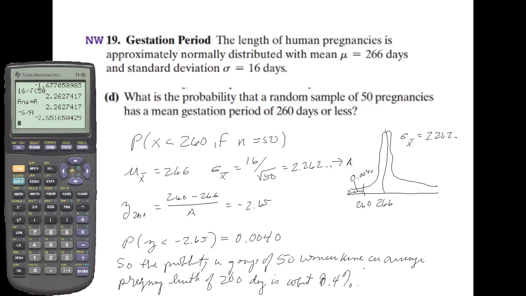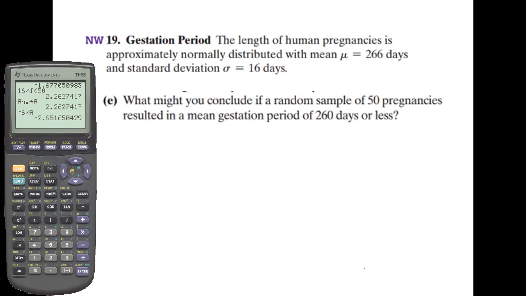That's not very likely. So that would be unusual if you had that happen. We're going to E. What can you conclude if a random sample of 50 pregnancies resulted in the mean gestation of 260 days or less?